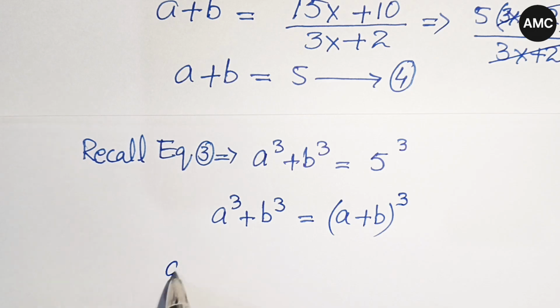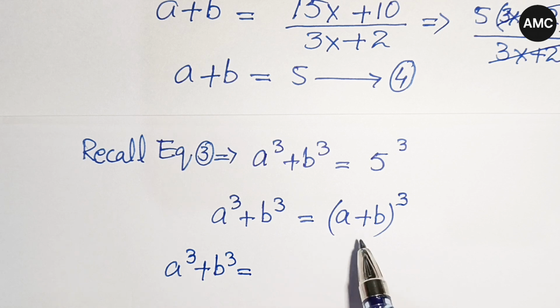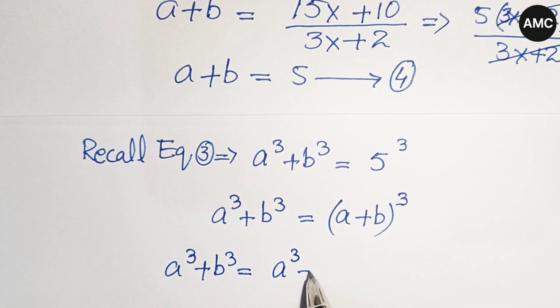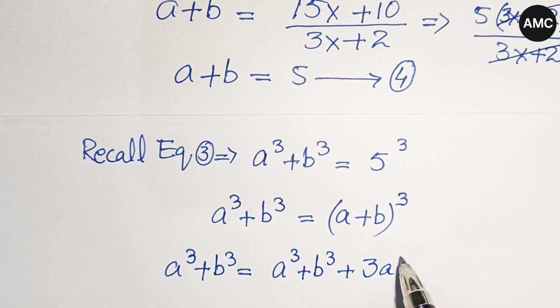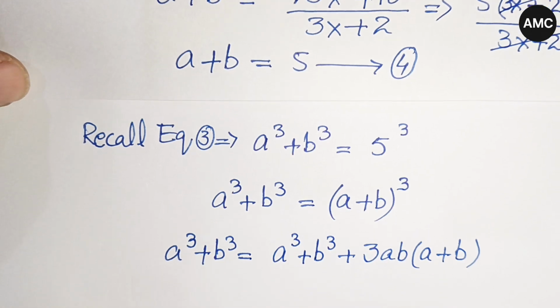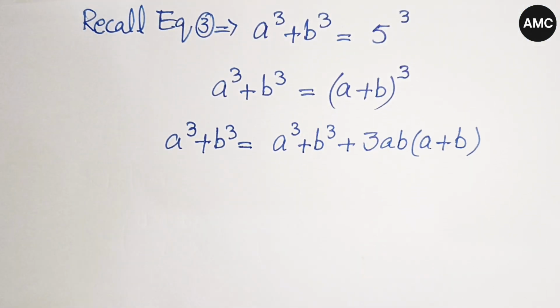Now a cubed plus b cubed is equal to, according to that algebraic identity, a plus b whole cube is equal to a cubed plus b cubed plus 3 times a times b times a plus b. So it is a very basic school formula we just use here.